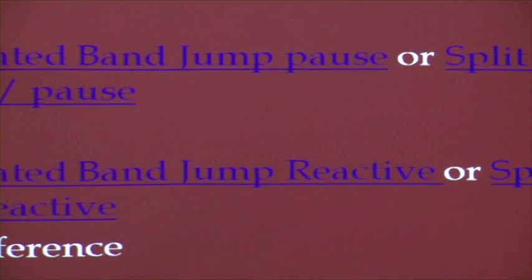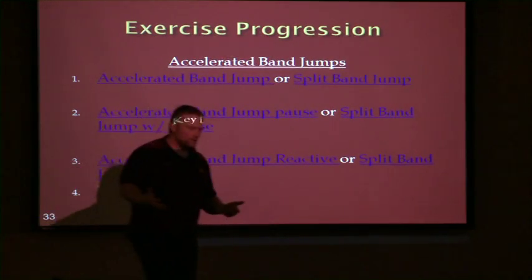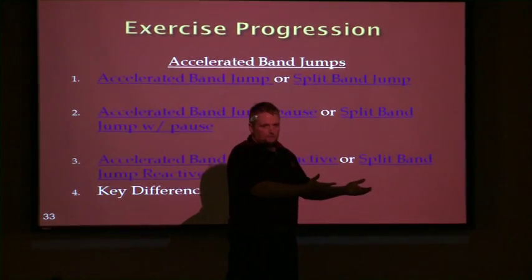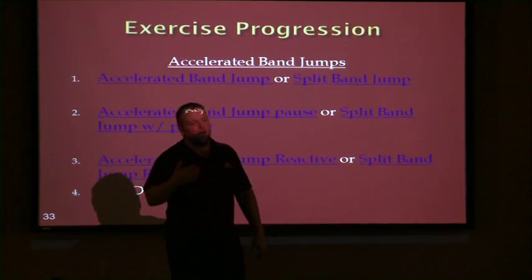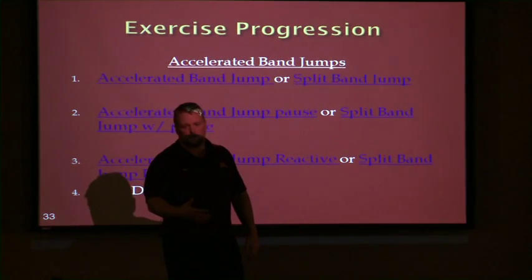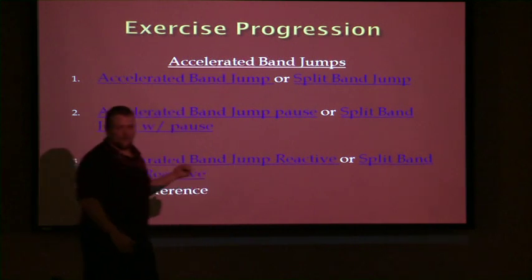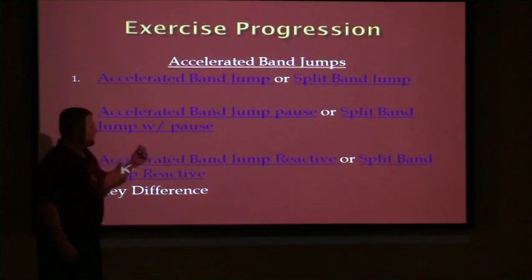Let me talk you through this. Step one of a sprint, I can simulate that with some plyos. But as the human body travels faster with each step, it essentially reaches higher speeds at which the joints contract. I cannot mimic those joint contractions. So the bands and the lighter load training that we use were the only things.